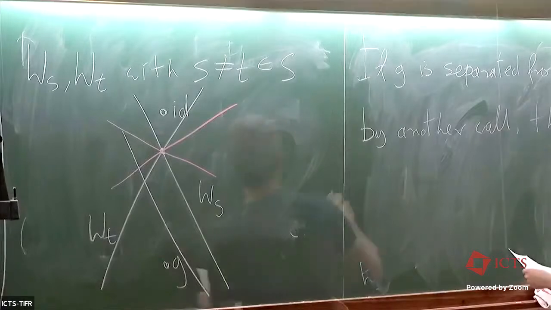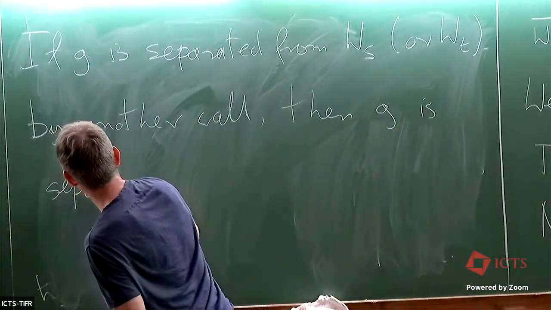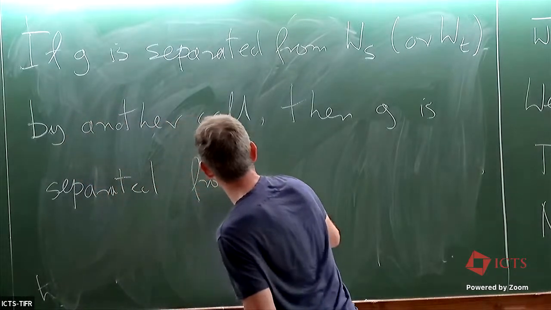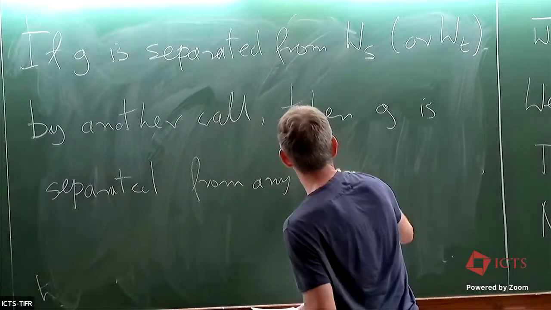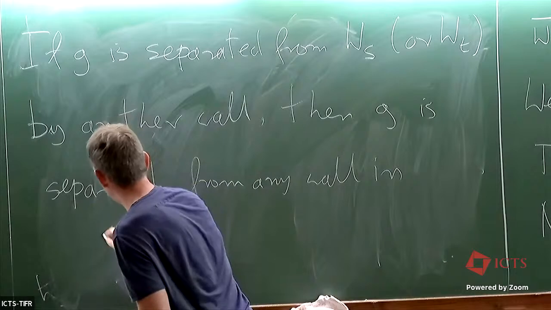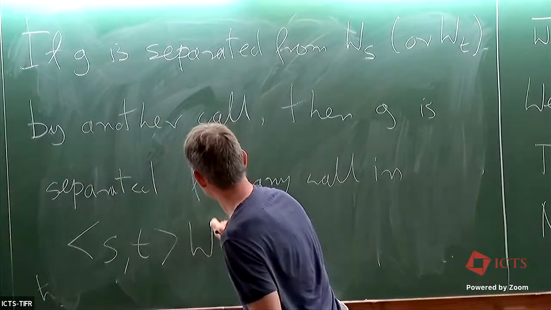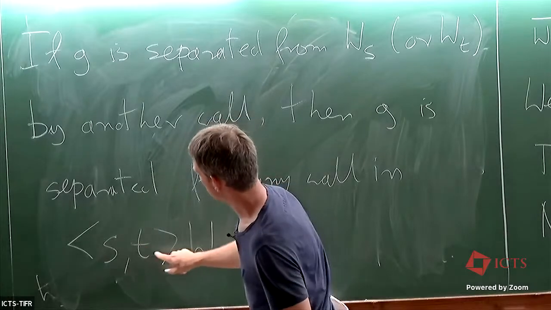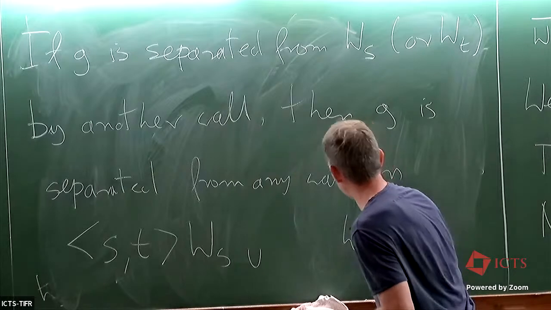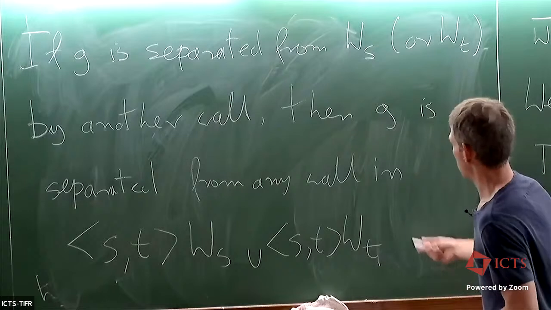So then G is separated by another wall from any wall that I just described in the red color, from any wall that is obtained by translating WS by an element of this dihedral group generated by S and T, or by translating WT by an element of this dihedral group.